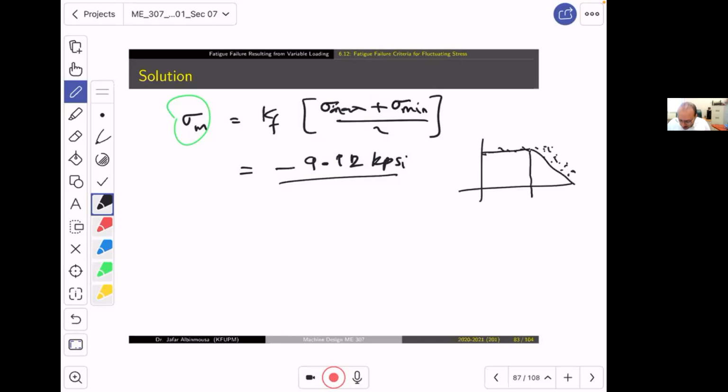This was the defining line for sigma mean equals 0. If you are here, you use Gerber, Goodman, and others. If you are here, the judging factor is 1, which is how much the amplitude you are applying is comparable to the endurance limit.